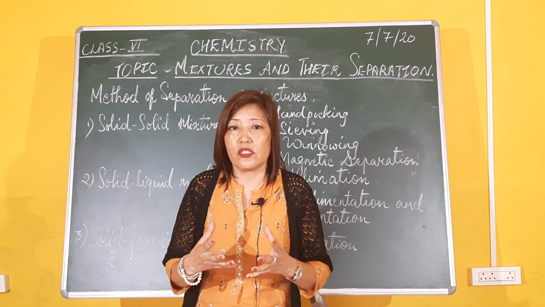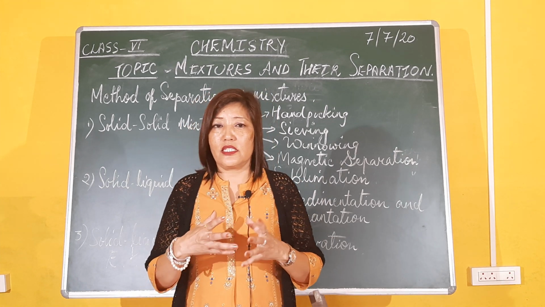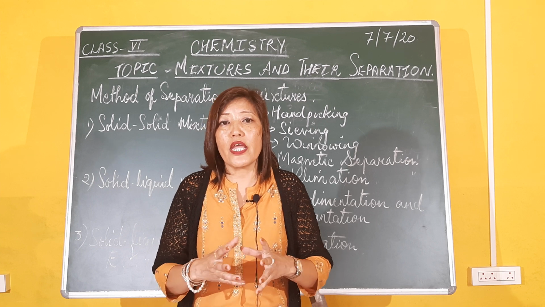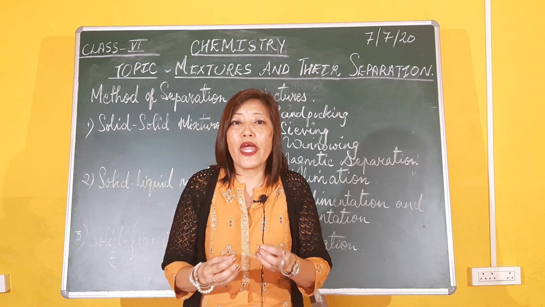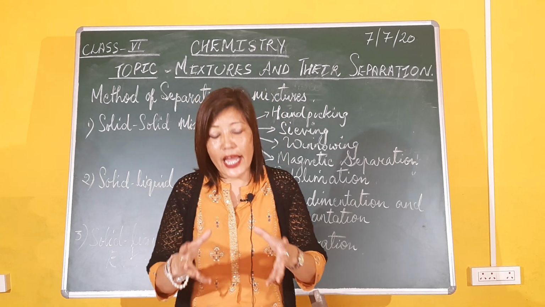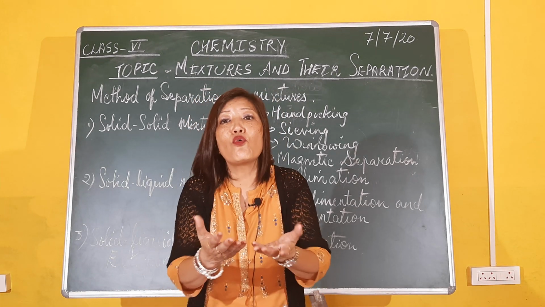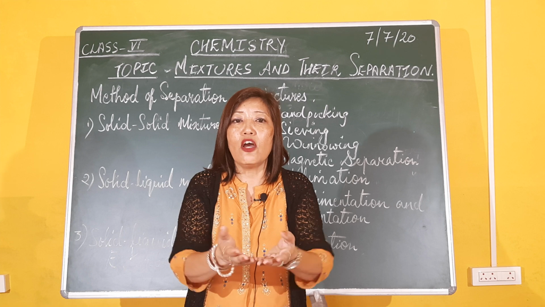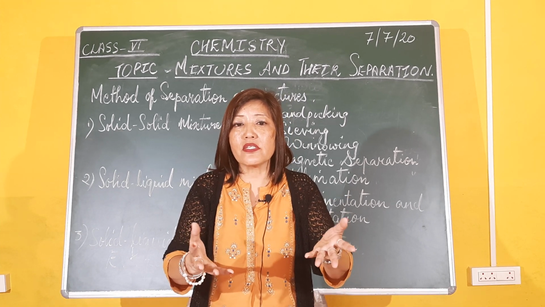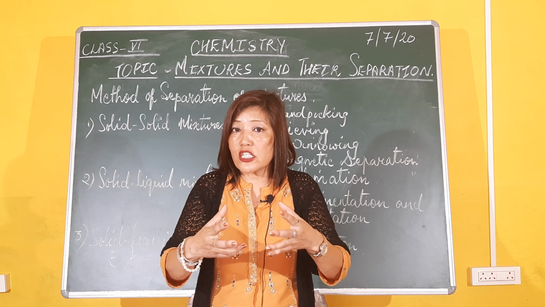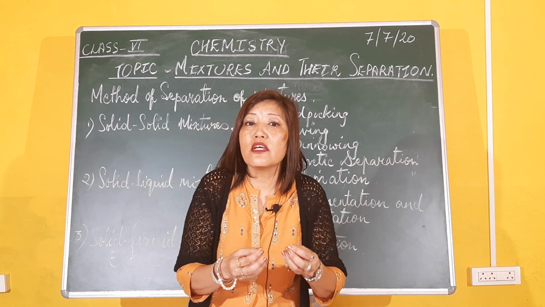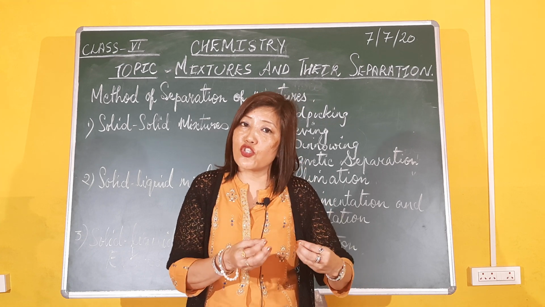The mixture, say for example containing salt solution, or any mixture where the solid particles are dissolved in a liquid, will be exposed to the sun or the air for evaporation, and what happens? The water will evaporate and the solid constituents will be left.